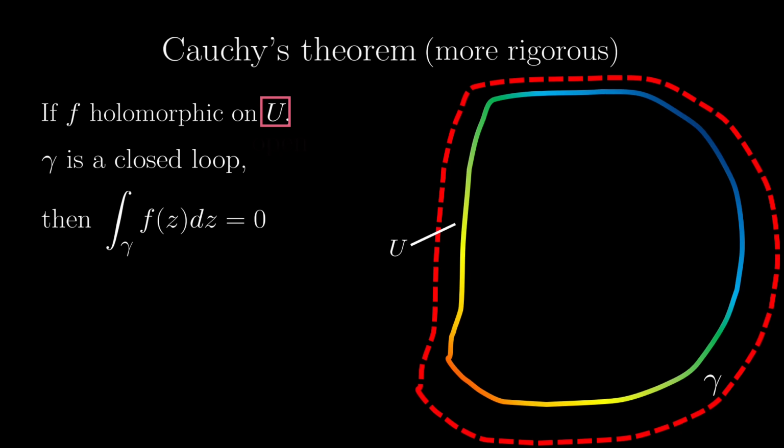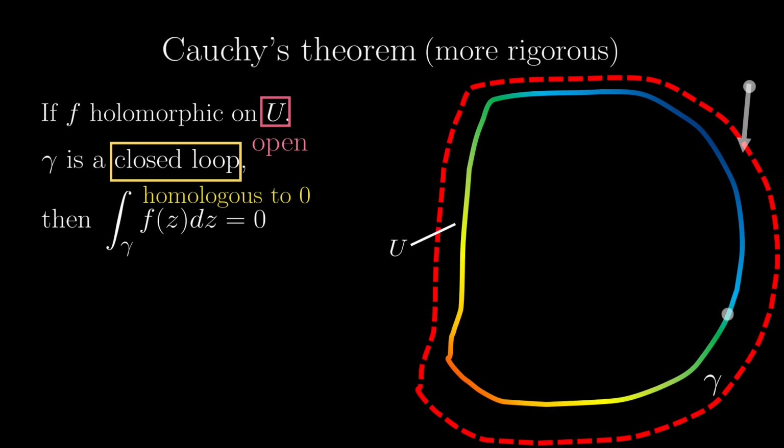The other, more general version only requires that U is open, but gamma is what's called homologous to 0. To put it more simply, this means that for any point outside of U, the winding number of gamma about that point is 0. In both versions of the theorem, we require that the curve gamma is piecewise smooth.